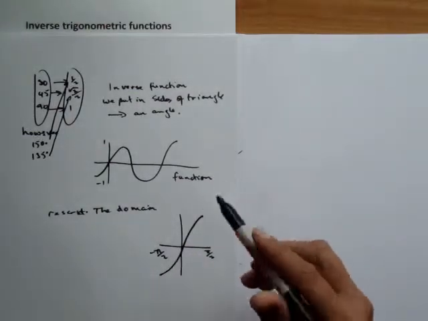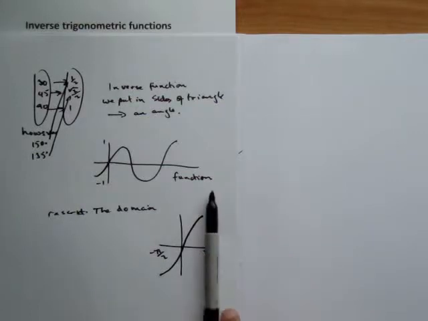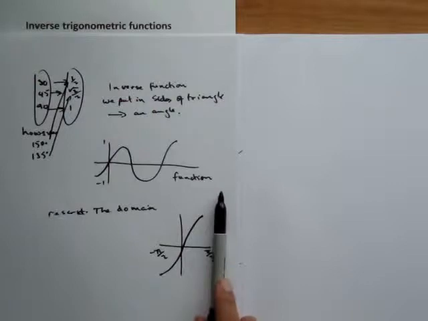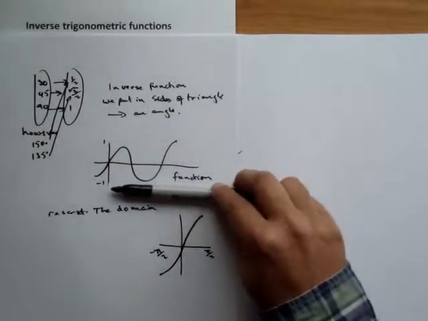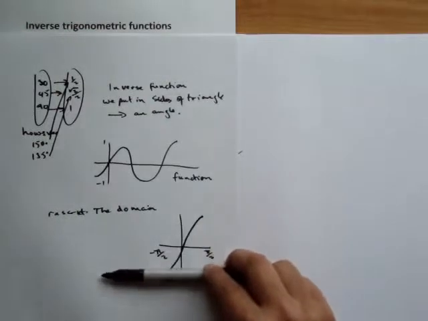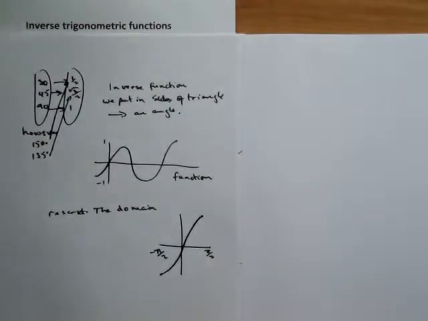So we restrict the domain, and when we apply our vertical line test, it passes, and when we apply our horizontal line test, it passes as well. So what does that mean?